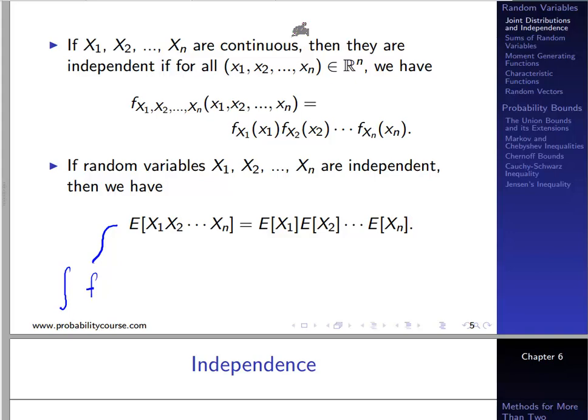I'm going to use my x vector shorthand for my joint PDF, times the variables x1 up to xn. That's how you can find the expected value of a random variable: you take the random variable, multiply it by the PDF, and you integrate. Now I write the dxn first because we're doing inside out, through dxn through dx1.